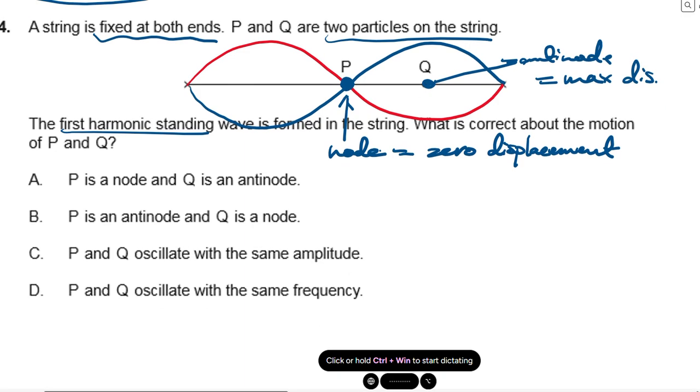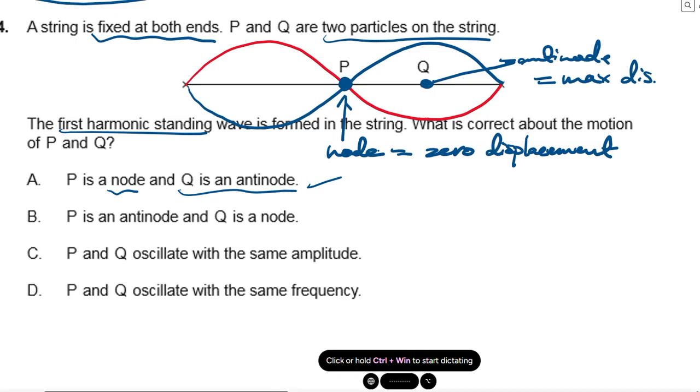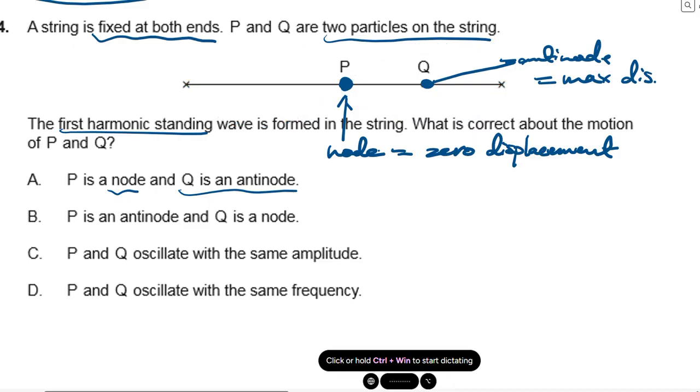So what is it asking? What is correct about the motion of P and Q? Okay, P is at a node, yes, and Q is at an antinode, yes. So that's possible. Or Q, oh sorry, we're talking about the first harmonic, then it would actually be like this, would it be? That is on me.